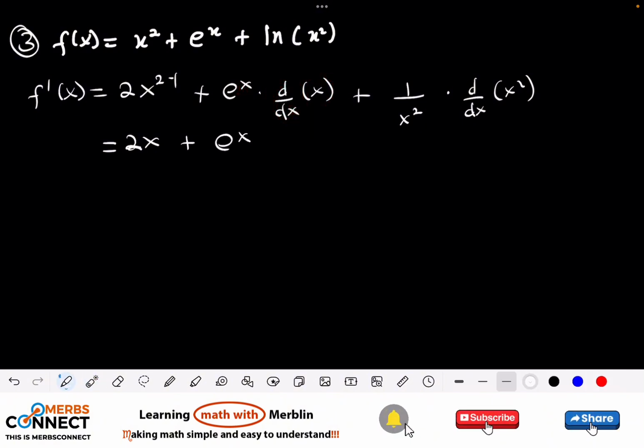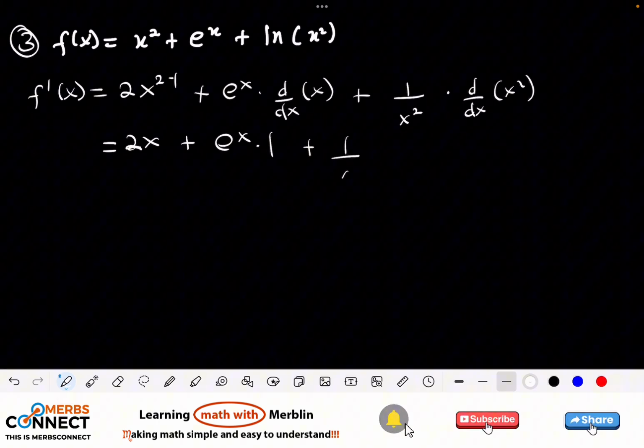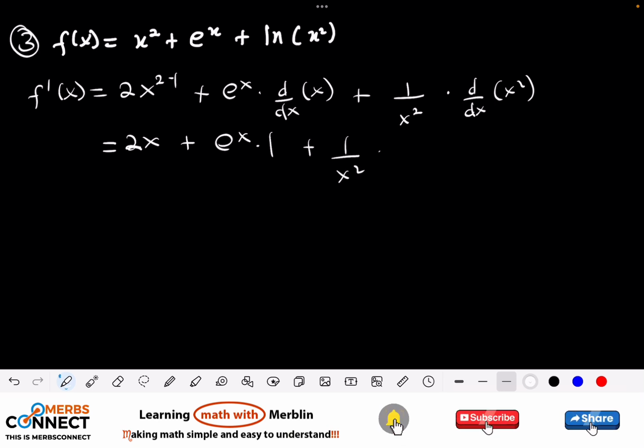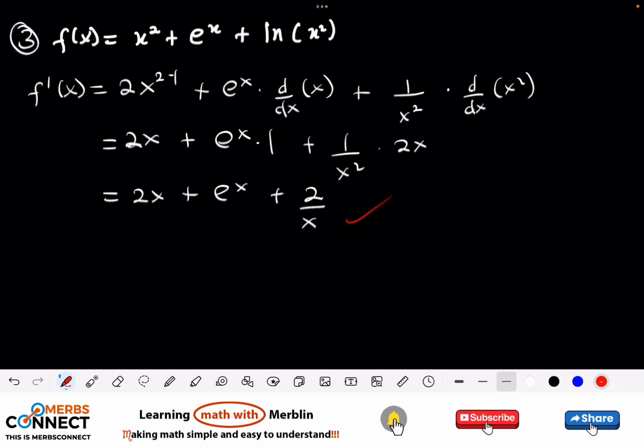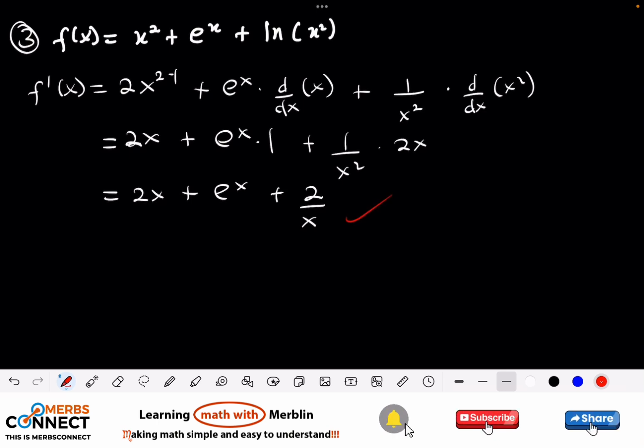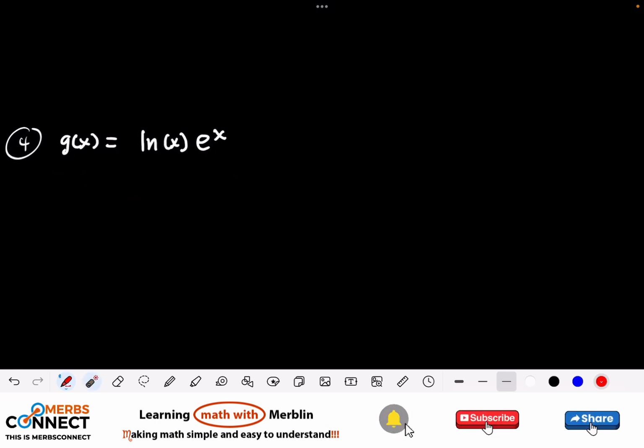So I have e to the power x times 1, plus 1 divided by x squared times, when I differentiate x squared, 2x by the power rule. So I have 2x plus e to the power x. Then one of the x here will cancel one of the x here, so I have plus 2 divided by x. Nice. This is how we differentiate the function, and this is the result. Let's look at 4.